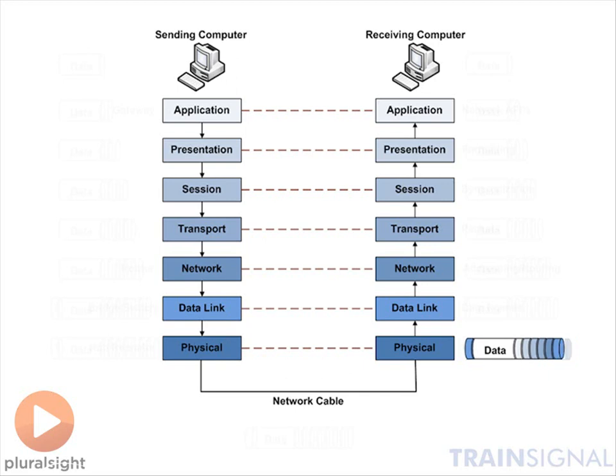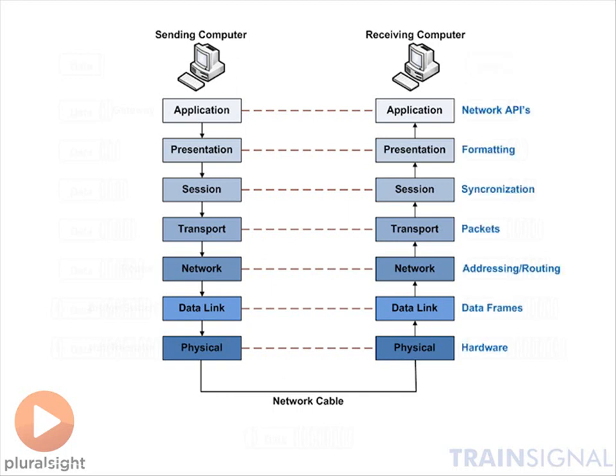So as it travels up through the OSI model here, you'll see that each layer is taking off the slice of information that the corresponding layer from the other computer added to it. And that's what we mean by that theoretical straight across communication. But in the end, you'll notice that the receiving computer now just has the original raw data that was sent by the sending computer. And that's how data travels through the OSI model.